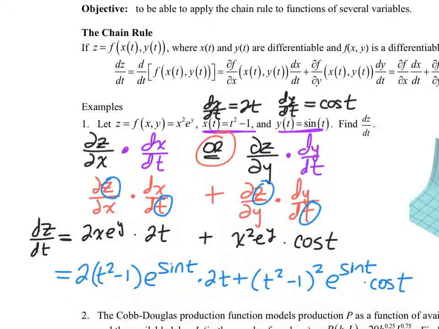That would make it a little bit nicer because it would be entirely in terms of t. This would be equivalent to what you would get if you initially replaced your x's and y's with t squared minus 1s and sines of t's, and then took the derivative.